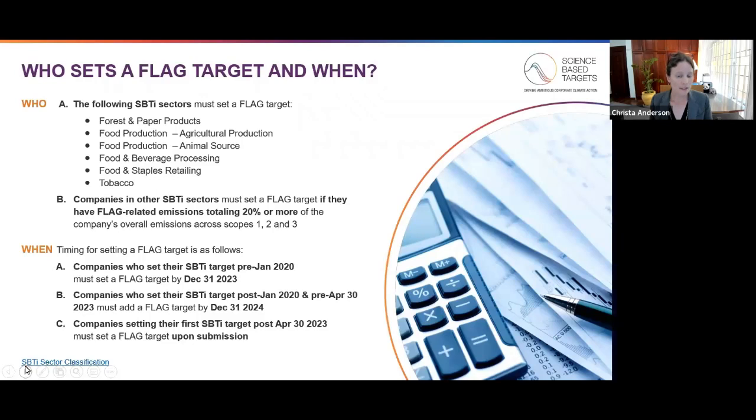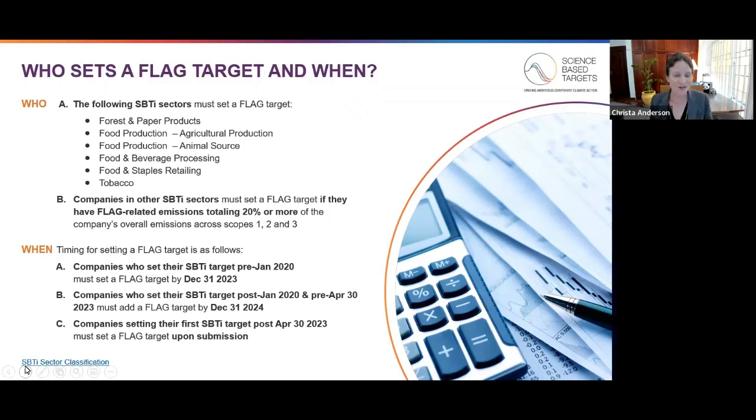For companies who already set a science-based target and they did that after January of 2020, but before next April, they're going to need to add a FLAG target by the end of 2024. So for companies who've already got their SBT, you're going to need to add FLAG by the end of 2023 or the end of 2024 if it's a requirement for you.